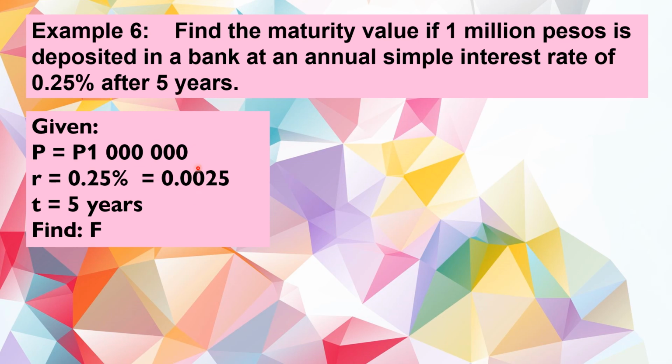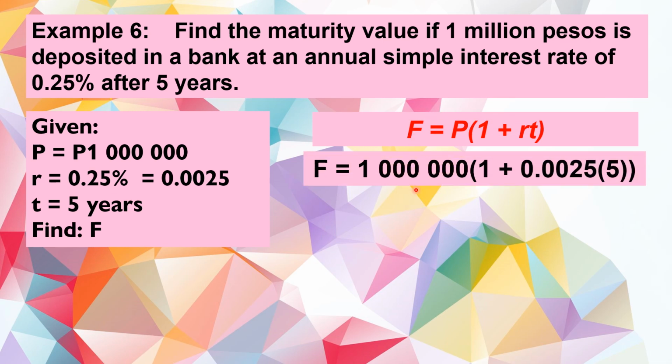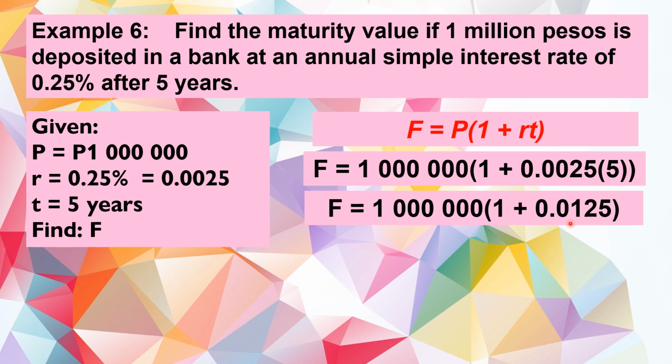So, substituting this given to our formula, yung F natin is missing. So, F equals, our P is 1 million times the quantity 1 plus, our R is 0.0025 times our T is 5. So, simplifying this, multiplying 0.0025 sa 5, it is equal to 0.0125.